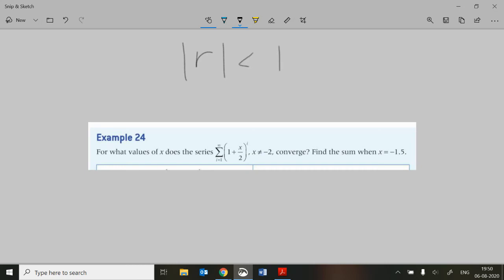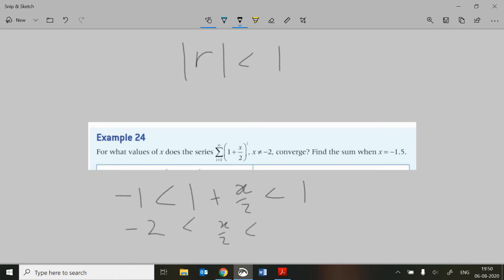Then all of your terms become kind of insignificant, and when you start adding extremely small values, they become insignificant, and we have a sum to infinity. So we've got (1 plus x) over 2 is between -1 and 1. Now we can solve that by splitting this up into 2 parts and solving the 2 inequalities. Or in fact, in this version, we can just do things to all sides. So for this one, we can kind of cheat and just take away 1 from everything.